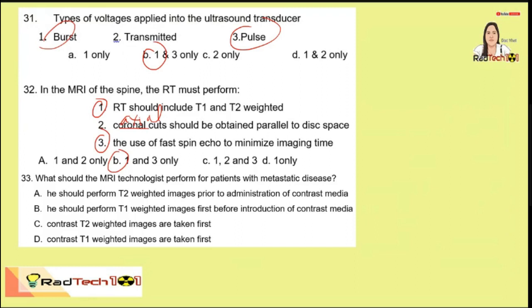It should be letter B. He should perform T1 weighted images first before introducing contrast media. The purpose of this is to evaluate the anatomy first before introduction of the contrast media. Okay?